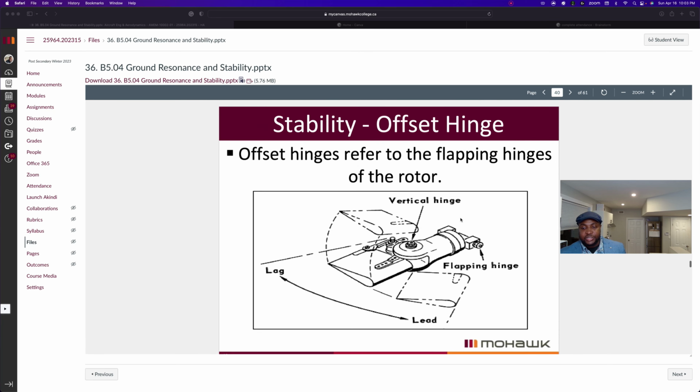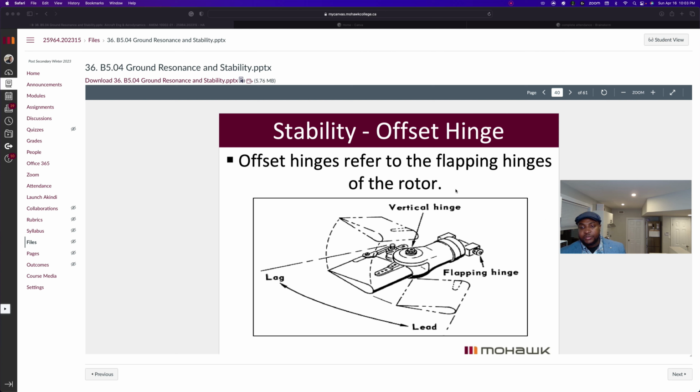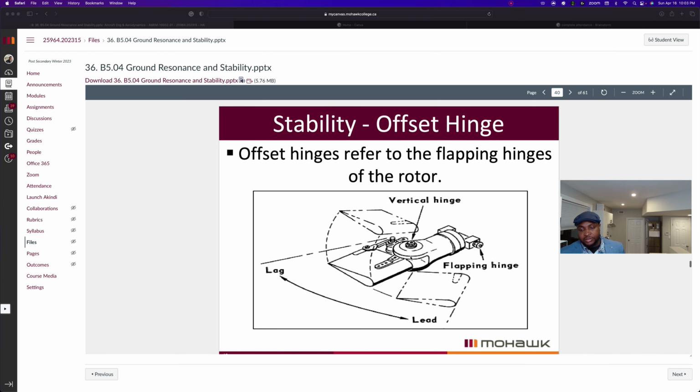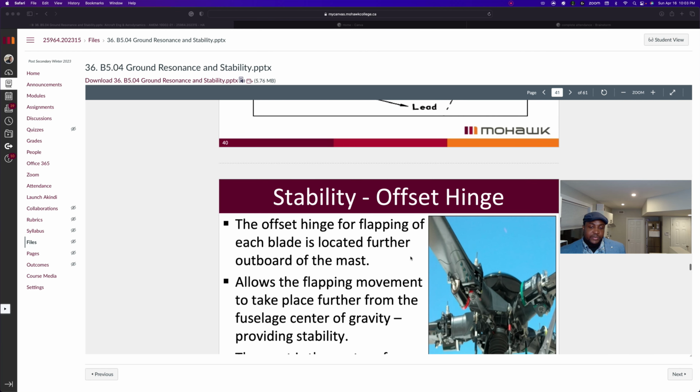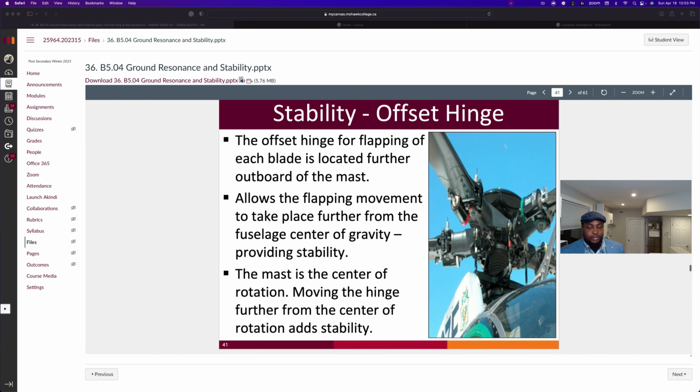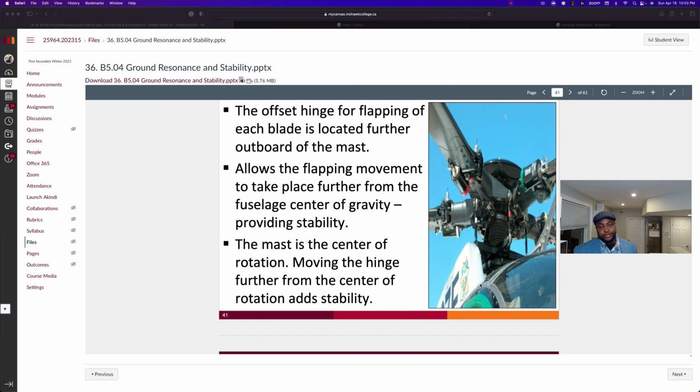Offset hinges refer to the flapping hinges of the rotor. So there's an offset between here and where the blades attach, where the drag hinge is located. The offset hinge for flapping of each blade is located further outboard from the mast, allowing the flapping movement to take place a distance away from the center of gravity, providing greater stability.